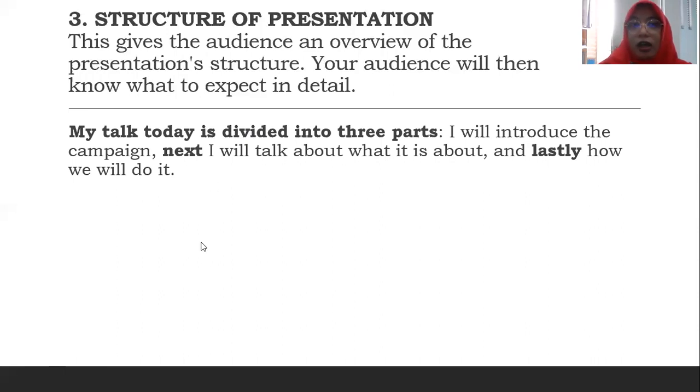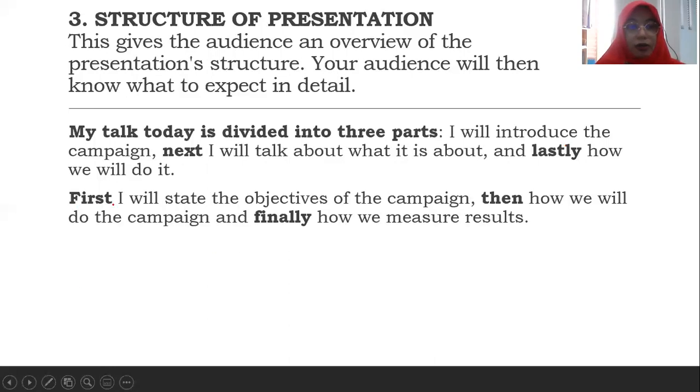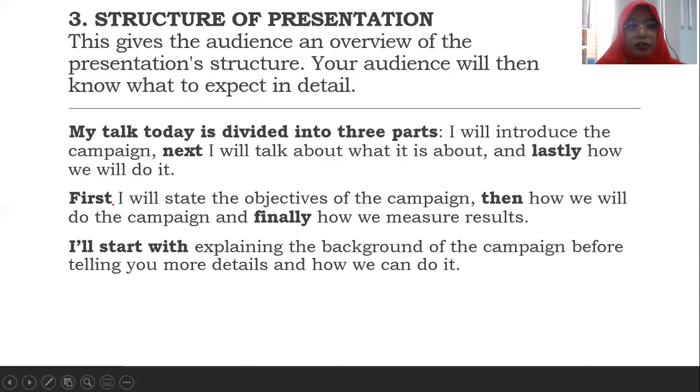Okay, so you can say, my talk today is divided into three parts. I will introduce the campaign. Next, I will talk about what it is about, and lastly, how we will do it. Okay, so you see the parts in bold. These are what we call signposts.